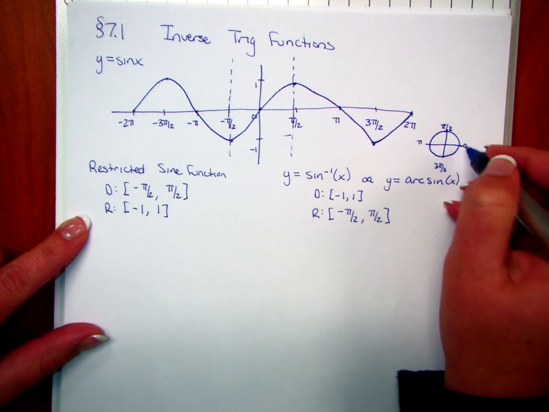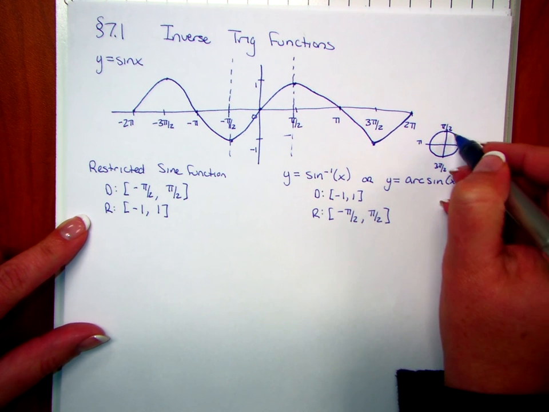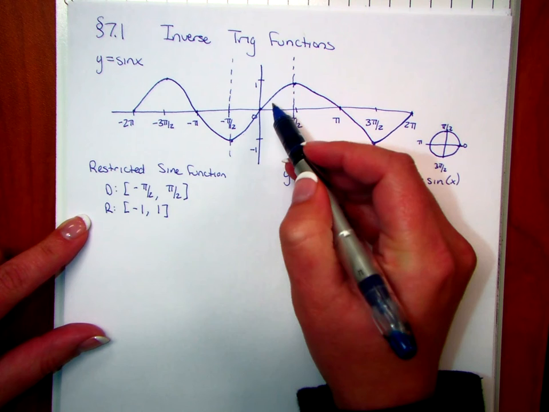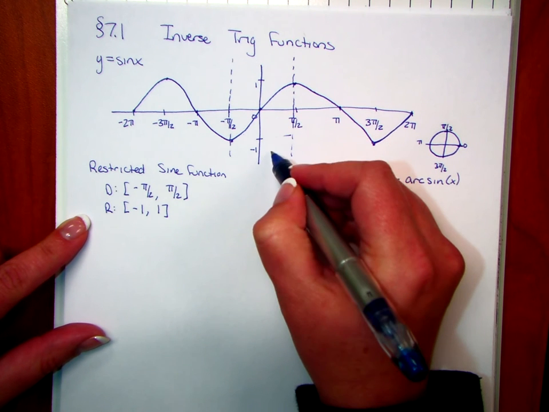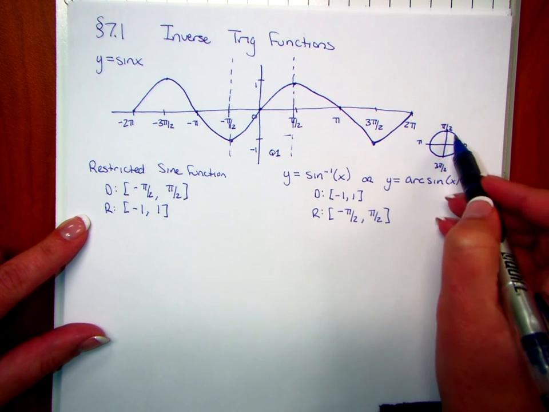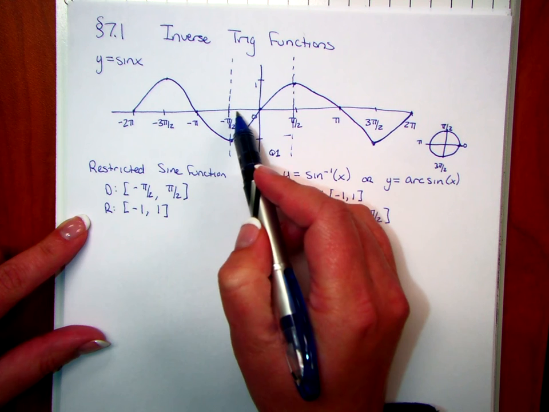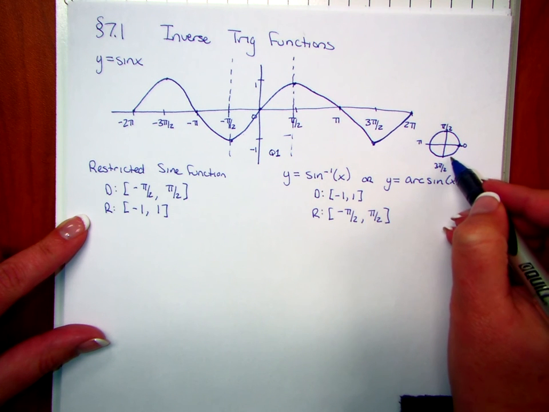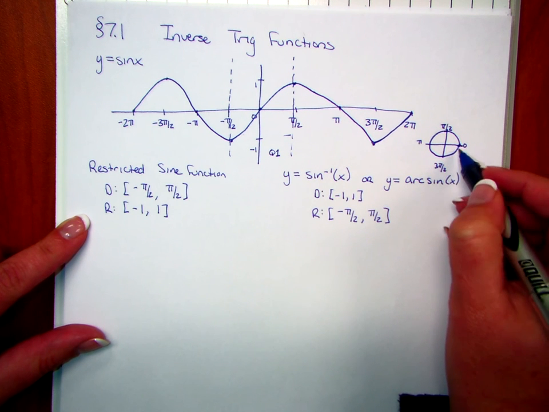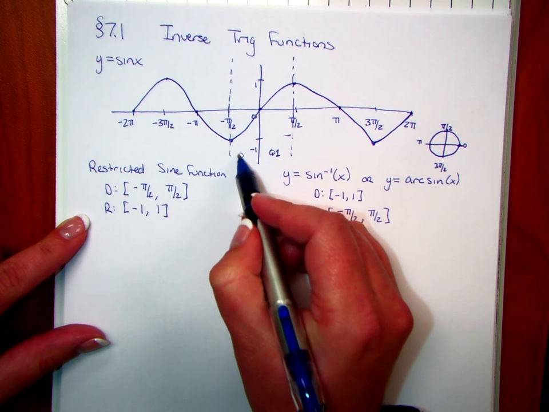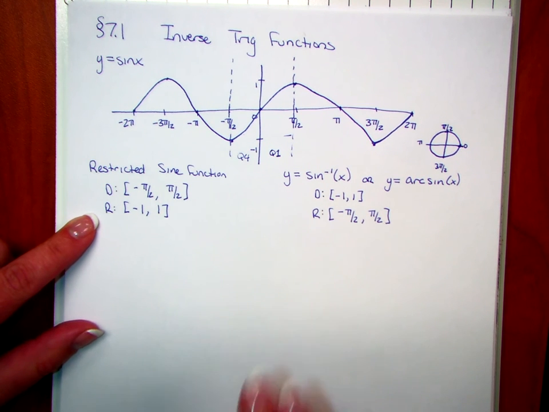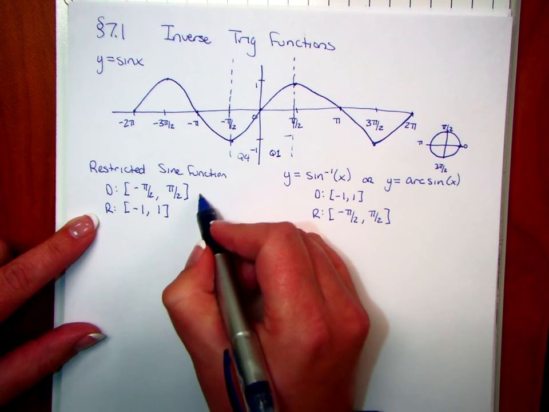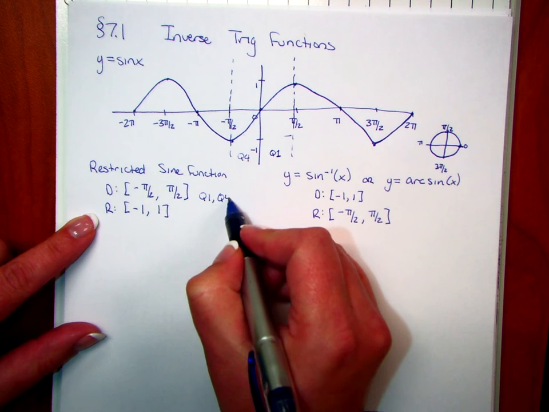From 0 to pi over 2, that's quadrant 1, so this portion of the graph correlates to quadrant 1. This portion of the graph, from 0 to negative pi over 2, is down here, because if it was a negative angle, we'd go clockwise. So this portion of the graph is quadrant 4. We're restricting the sine curve to quadrant 1 and quadrant 4.